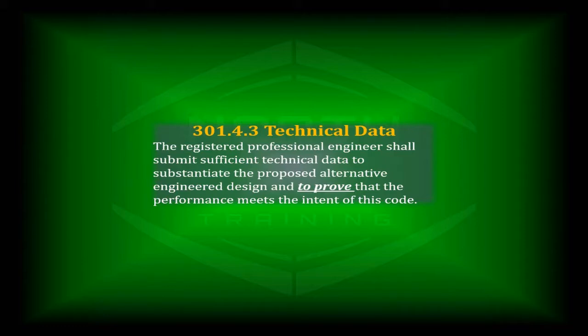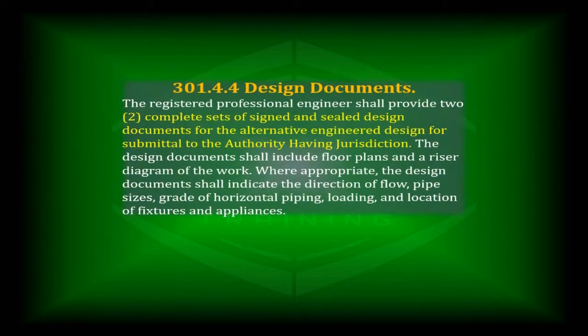Now, 30144 talks about those design documents. The registered professional engineer shall provide two, count them, two, complete sets of signed and sealed design documents for the alternative engineer design for submittal to the authority having jurisdiction.